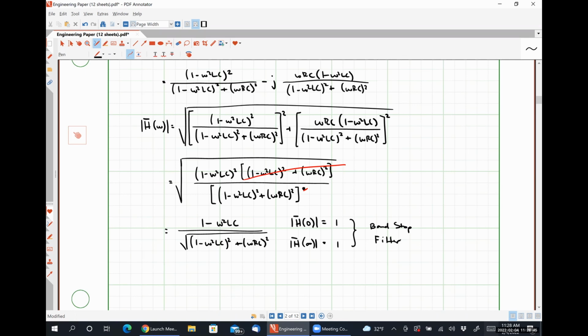filter where our corner frequency, omega C1 or omega low, is actually the exact same thing as we had for our band pass filter.